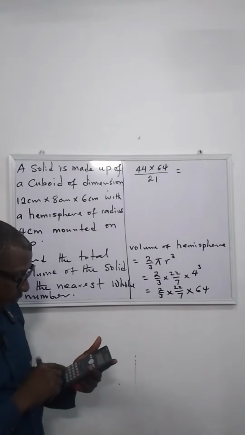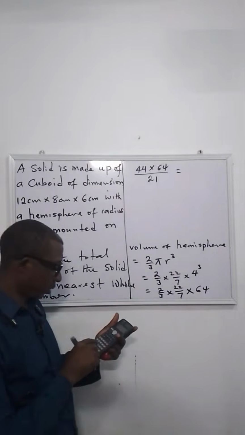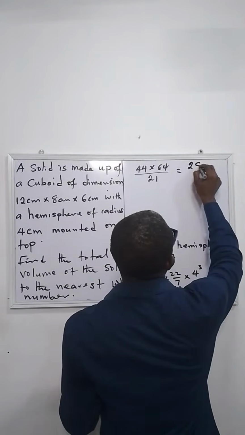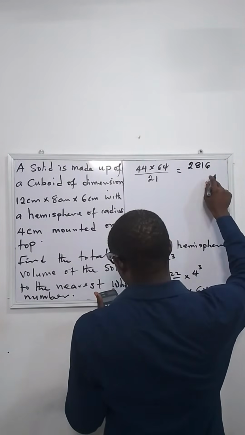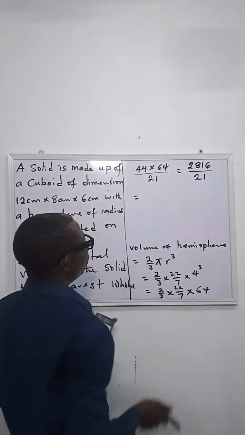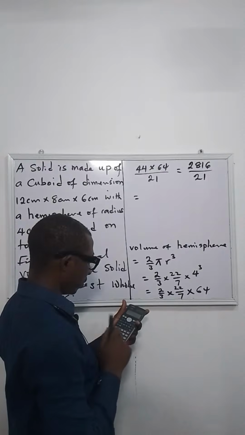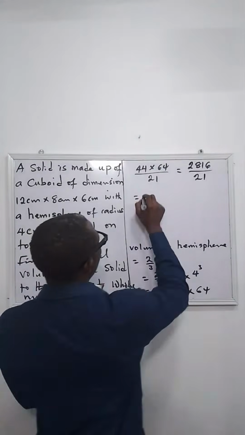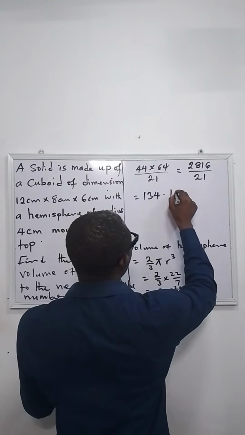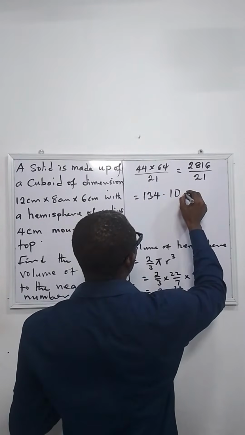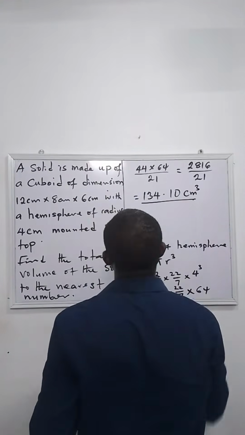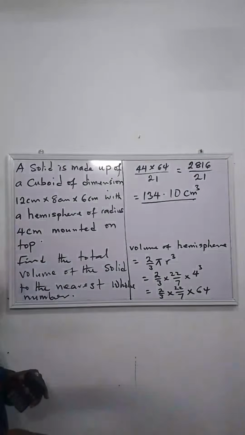So we have 44 times 64. So that is 2,816, everything over 21. So when you divide that by 21, you have 134.10. And that's going to be in centimeter cube because it's volume. So that's the volume of the hemisphere.